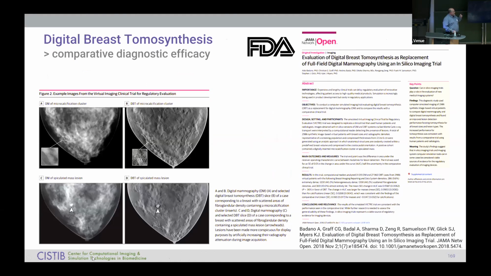In fact, the US FDA has done an in silico trial of an imaging system where they use these complex torso models to look at breast tomosynthesis and its advantage over conventional imaging.